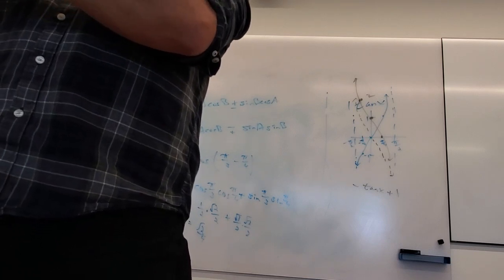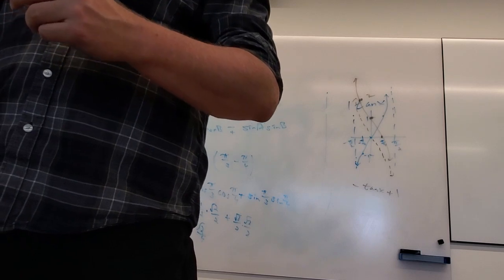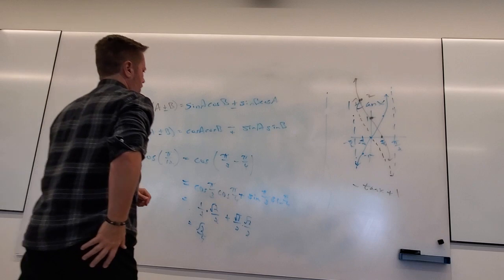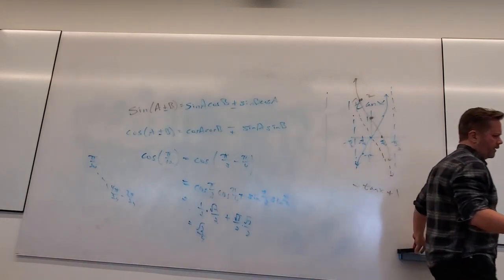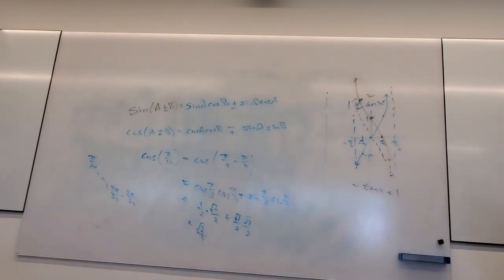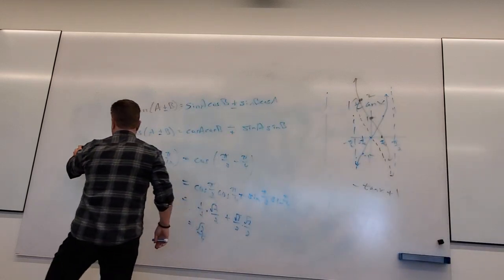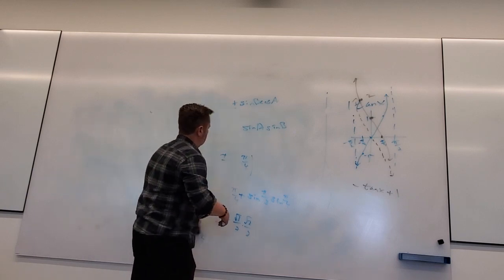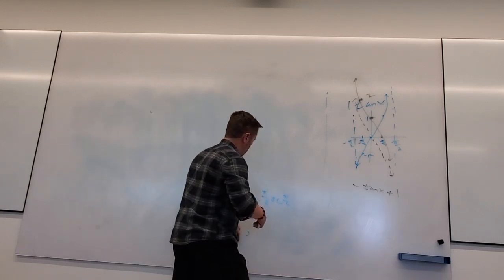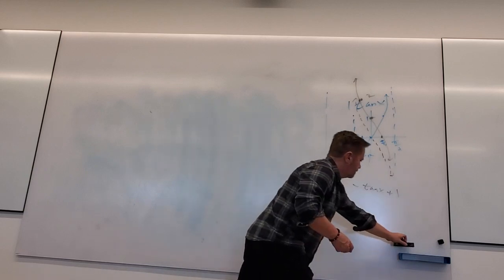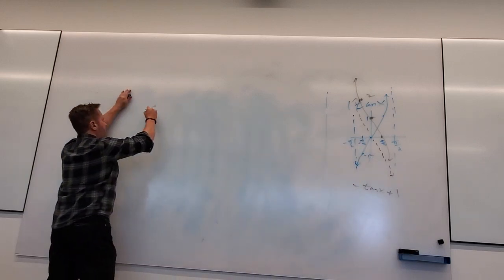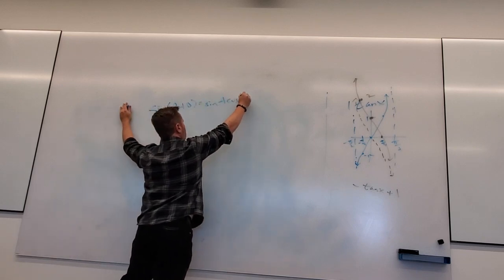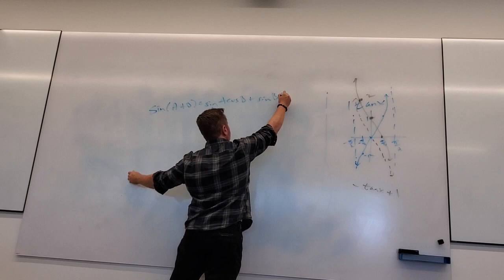One of the ones that happens the most is the double angle formula. I can't remember if I even talked about it, but it's on the practice test, in a future section. So real quick, sine of A plus B is sine A cosine B plus sine B cosine A, right?